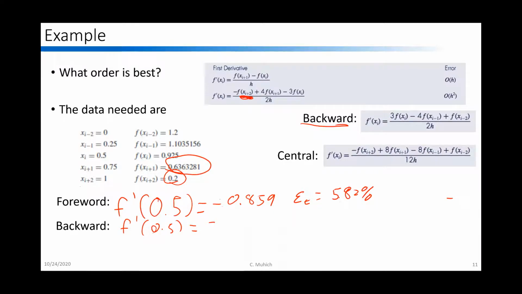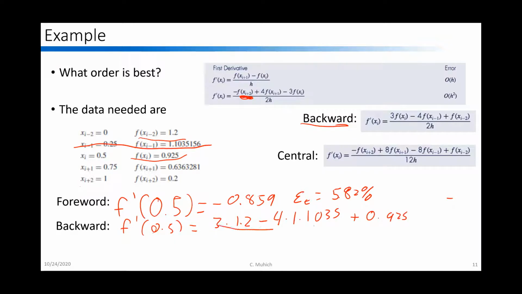So we do 3 times the function value at 2 backwards, which is 1.2, minus 4 times just the previous value back by 1, so this value, 1.1035, plus my current value, 0.925, all over 2 times 0.25.